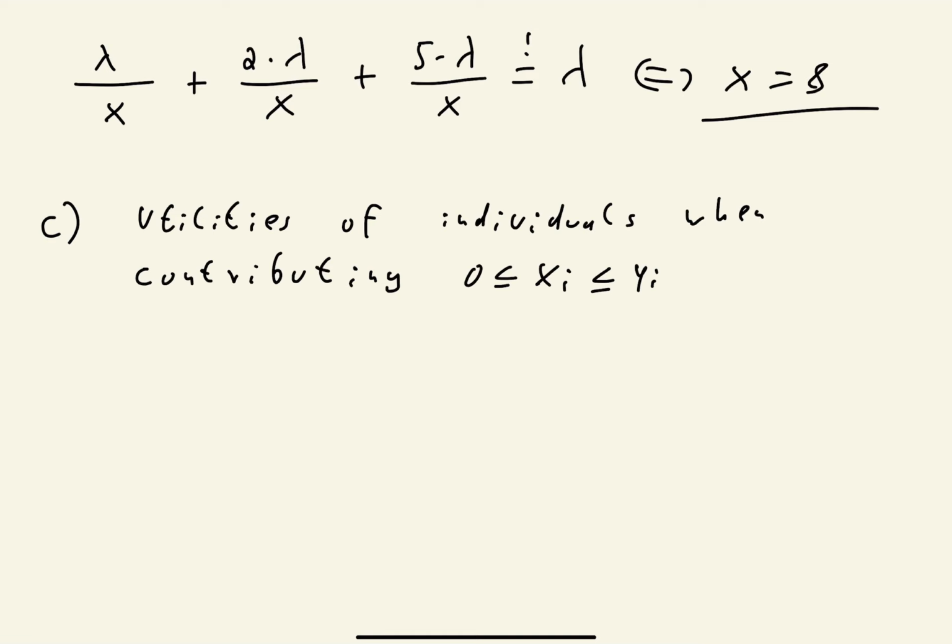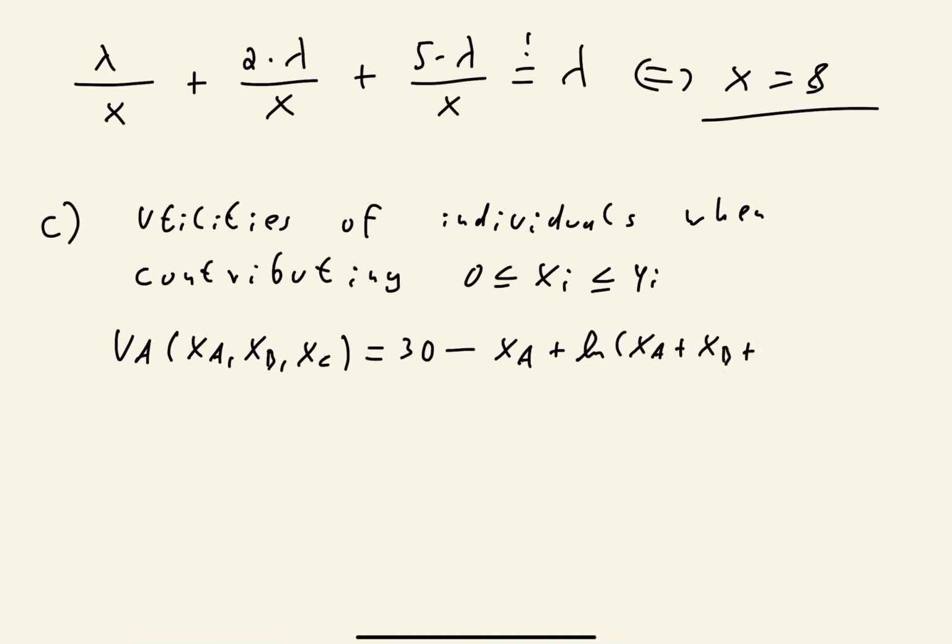What we then have is that the utility of individual A, of course, depends on the amount of public good provision from himself and from the other individuals. So then what we have is 30 minus xa plus log of xa plus xb plus xc.